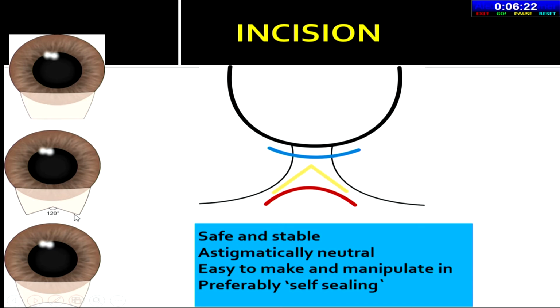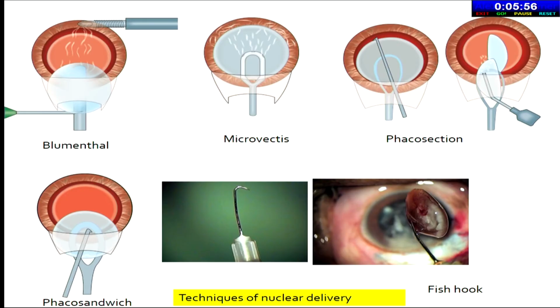A lot of surgeons are claiming that they can do it in 2 or 3 millimeter, but advisable would be at least 4.5 if you're doing a phaco-fracture, minimum I'm talking about. Otherwise, I would go for not less than 5 or 5.5, and if it's a very large nucleus, I would increase it sideways to 6 or more. It is the safety which is more important; you don't have to show your heroism anywhere.